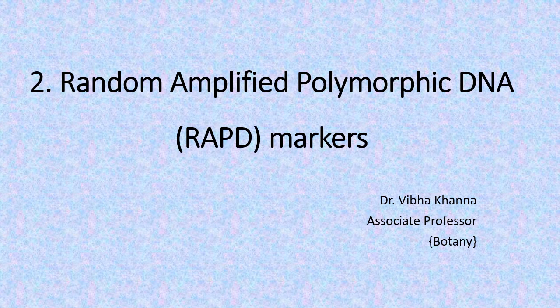Hello viewers, we have been talking about the various markers that are used in gene mapping, and in this video we will be talking about another type of genetic marker, that is the random amplified polymorphic DNA or the RAPD marker.